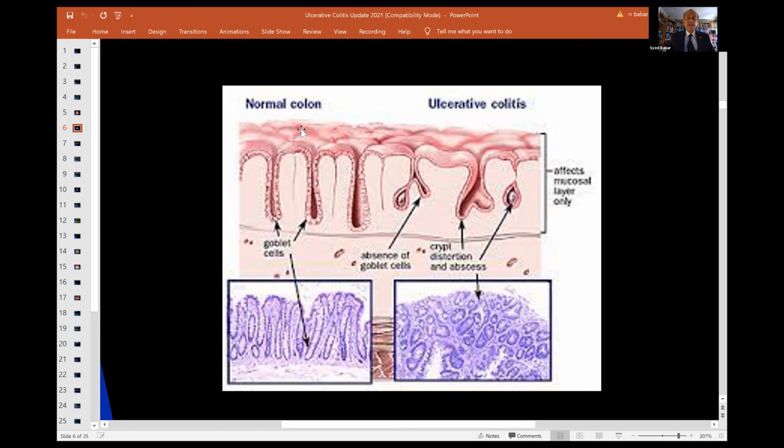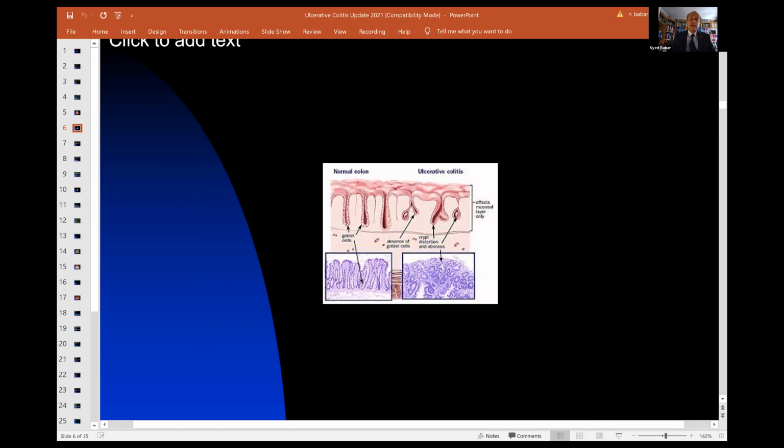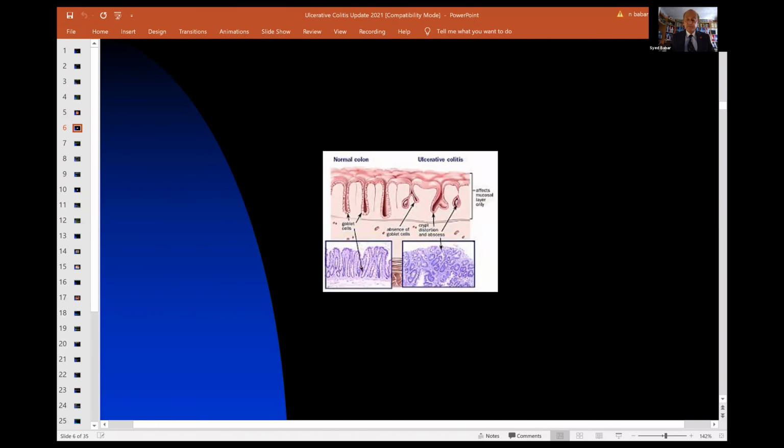As the normal transits into ulcerative colitis, you would see broadening of the cells with gaps here and there between the cells, and the crypts become unusually distorted. And as you can see, there is no continuity into the lumen, and there is absence of goblet cells. And then there would be fibrosis and thickening and sometimes pocketing of pus. So therefore, histologically, one can diagnose various types of colitis that way.